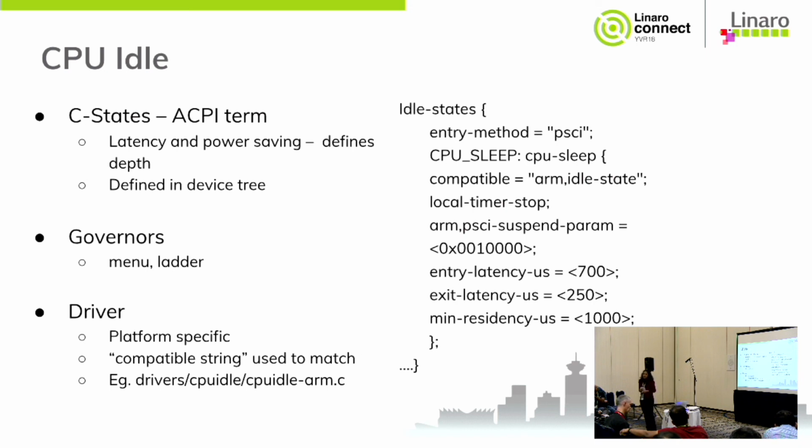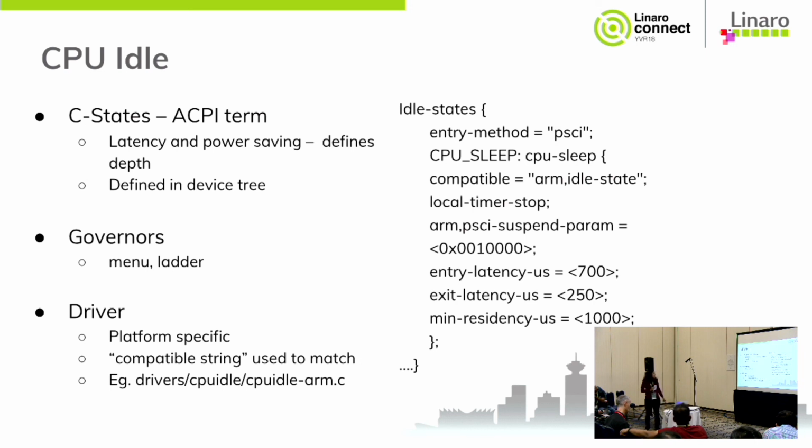And if the CPU doesn't remain in that particular C-state for the minimum residency, there is no power saving per se because of the entry and exit latency. That is the basic idea here.